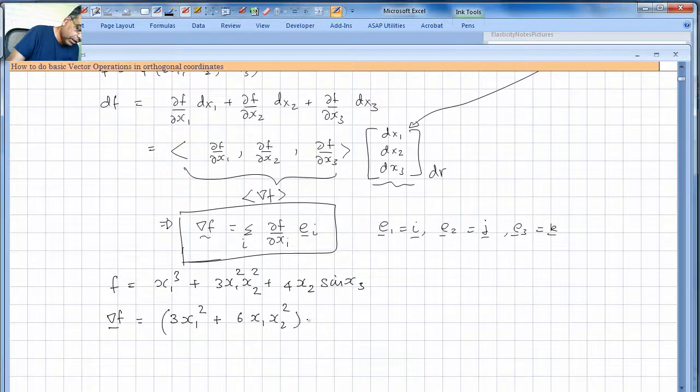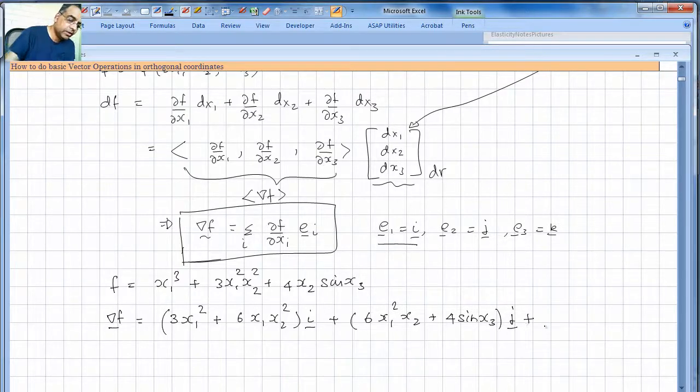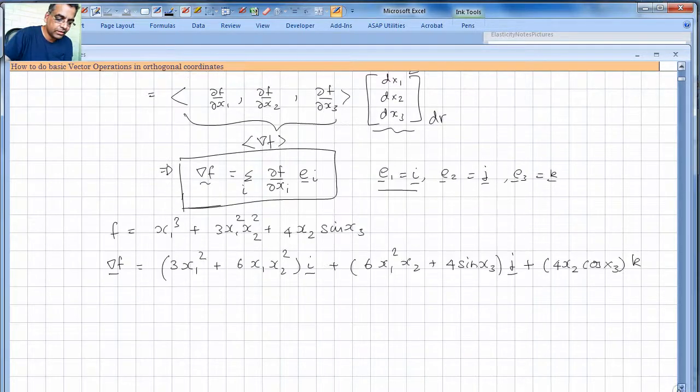This is in the e1 direction and e1 was i, so that's i, plus differentiate with respect to x2 and you will get 6x1 squared x2 plus 4 sine x3 j, plus differentiate with respect to x3 and you will get 4x2 cos x3. That was no big deal, right? So that's how we compute gradient.